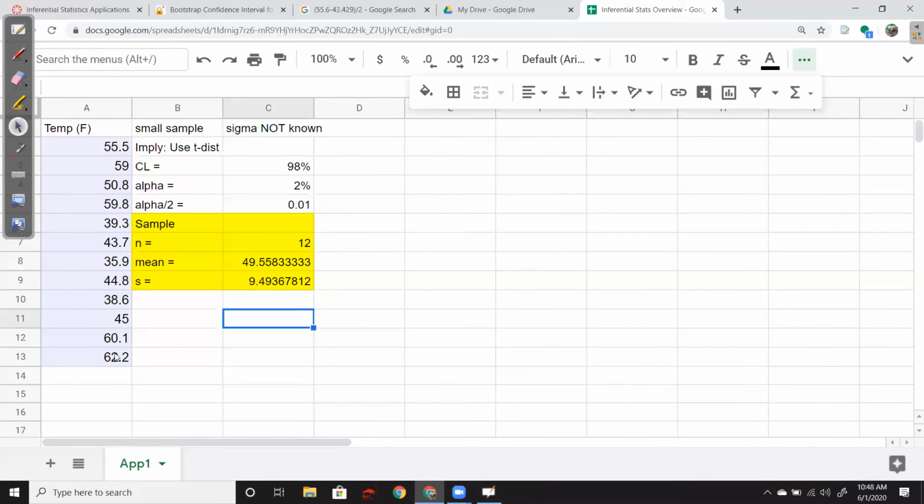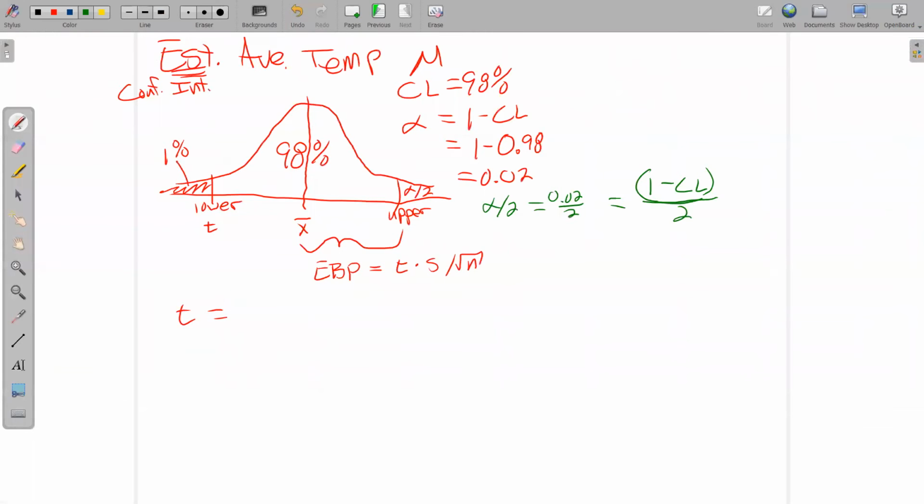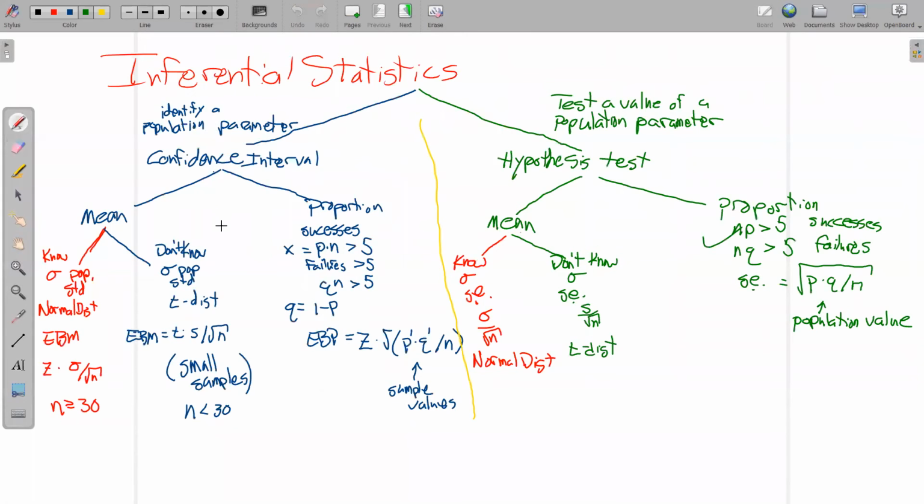Okay. All right, so then for the sampling distribution, I need to calculate what we call the standard error, which is a standard deviation. And back to my flow chart. The flow chart says, that's this value right here.